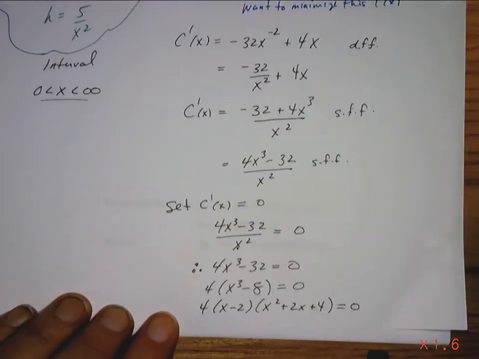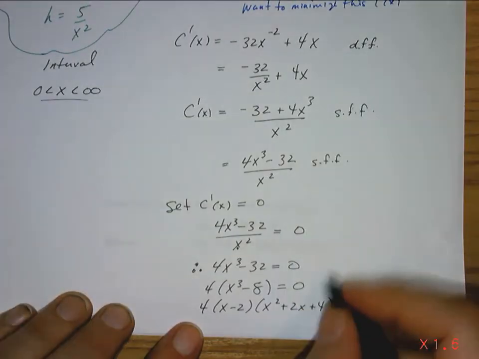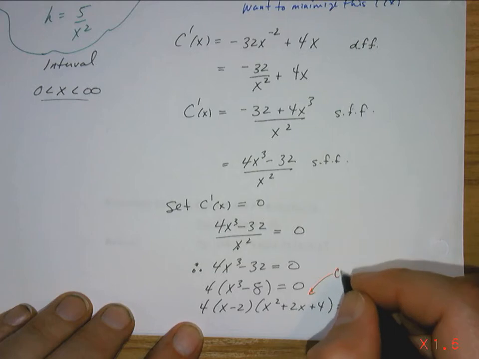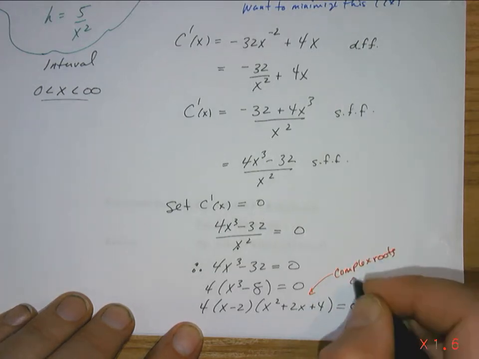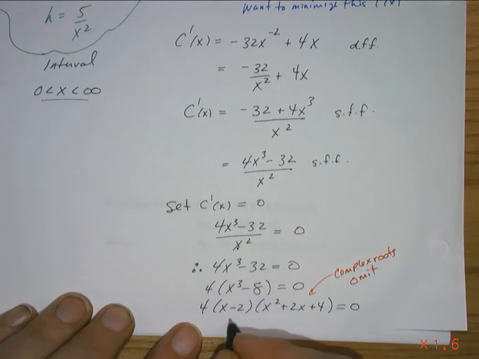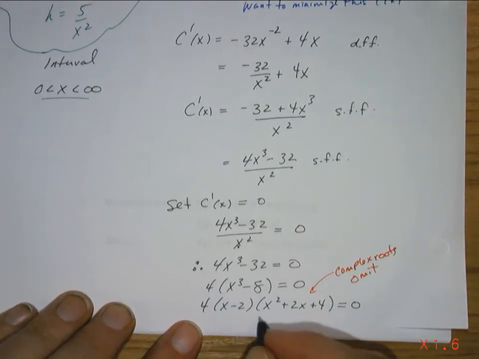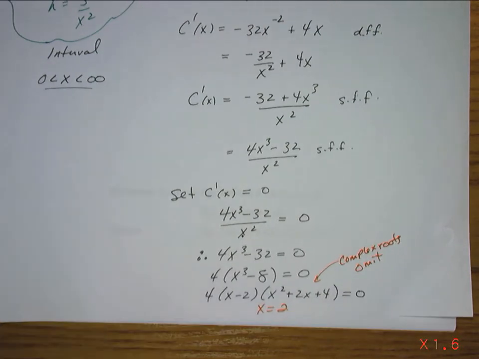And at this point, we should all know that this is going to give me complex roots. So we can omit that, and it's going to give me only one root, x equals 2. So since I have only one root, I can use the second derivative test.